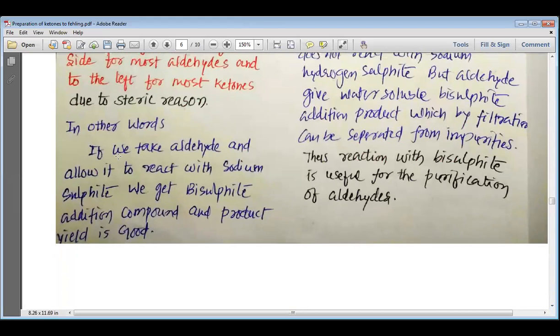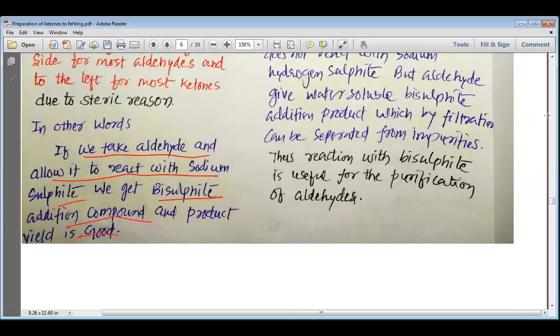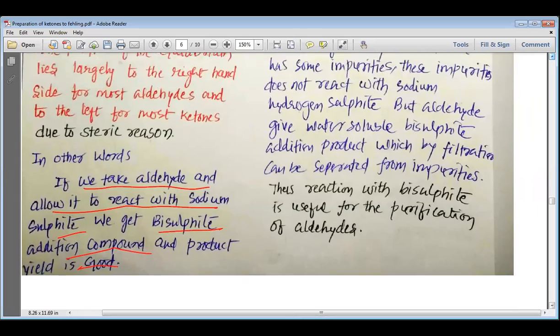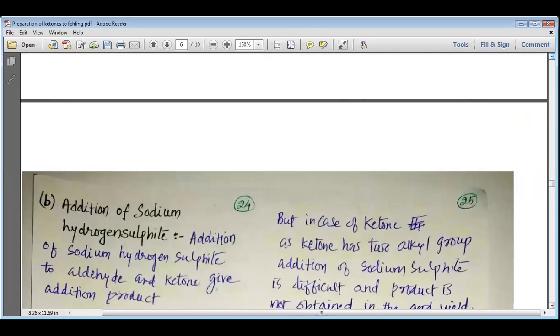In other words, we take aldehydes and allow them to react with sodium bisulfite, and we get the bisulfite addition compound, and the product yield is good. The product yield is good when the reactant is an aldehyde but not a ketone.